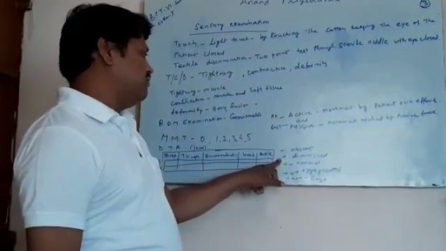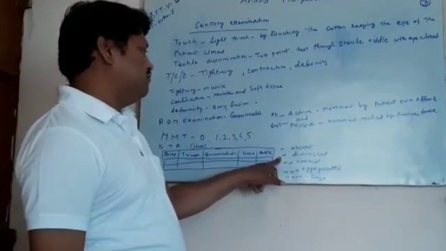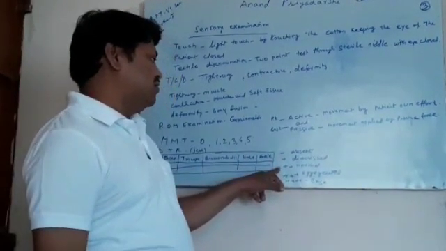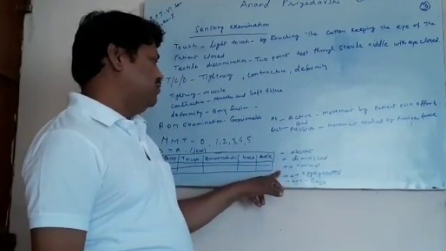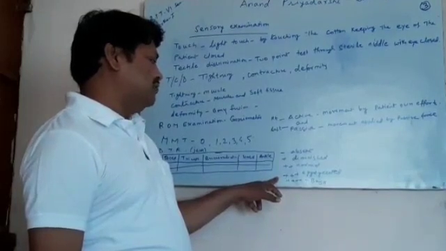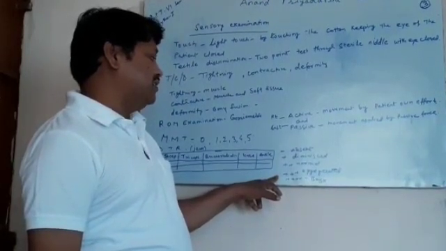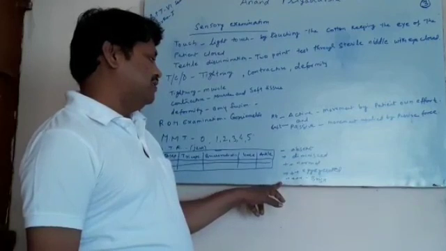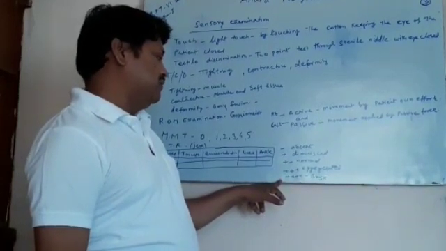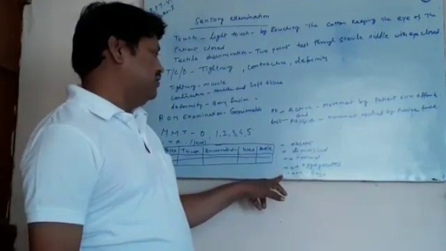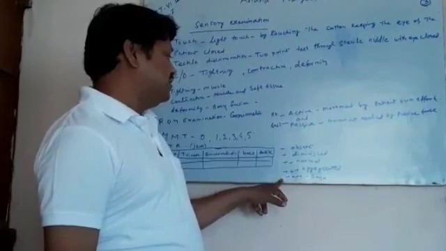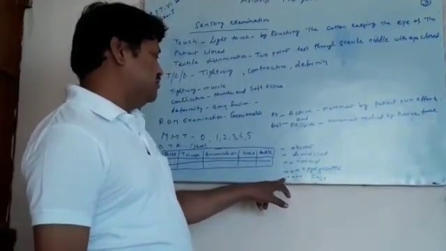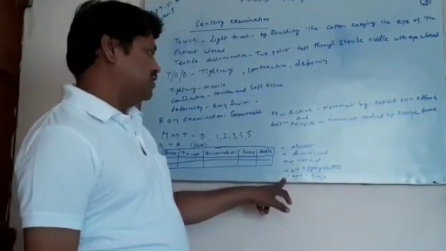When the tendon reflex is diminished, then it is indicated by 1 plus, and when the jerk is normal, then it is indicated by giving 2 plus, and when the jerk is exaggerated, meaning more than normal, then it is given 3 plus, and when the reflex is seen very high, then we give 4 plus, which is also known as brisk.